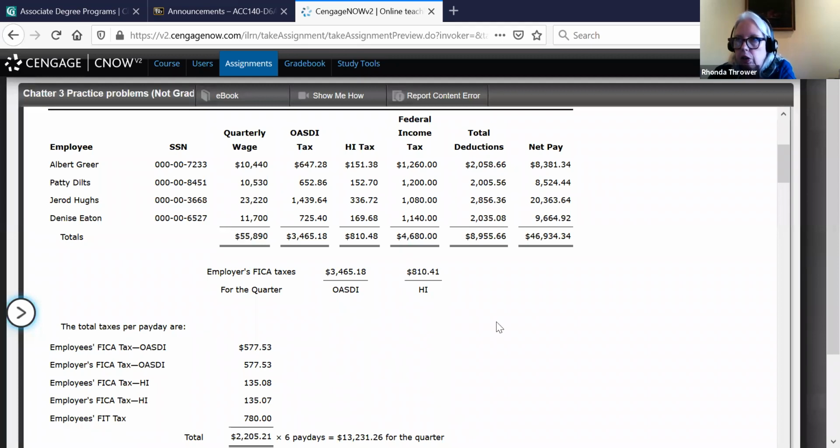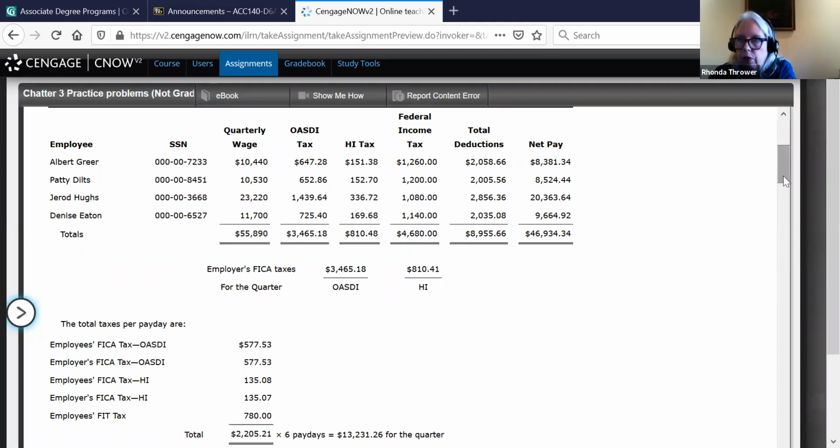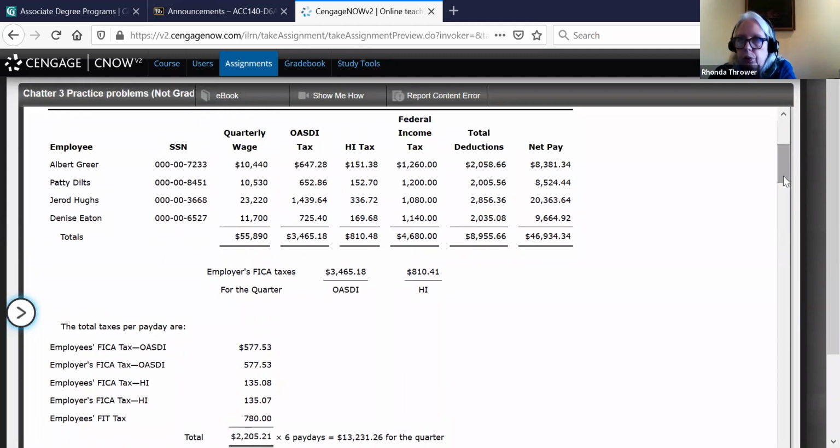Now here, they've broken this information down for you, and they figured the employees' FICA taxes, the OASDI amount, and this was per payday.